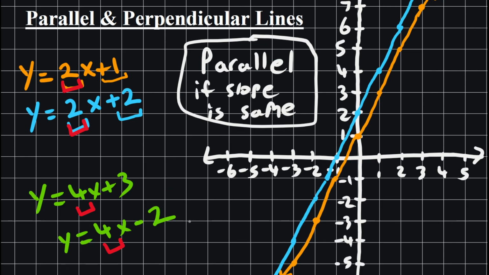So right away, we know that both of these are parallel without even having to graph them. And if we did graph them, then we could see for ourselves visually that they are parallel. Perfect. So now let's give an example of graphing perpendicular lines.